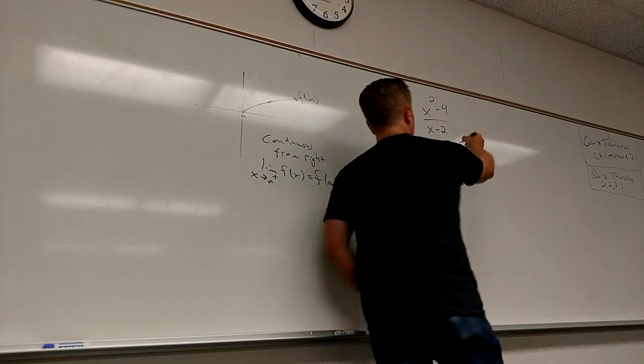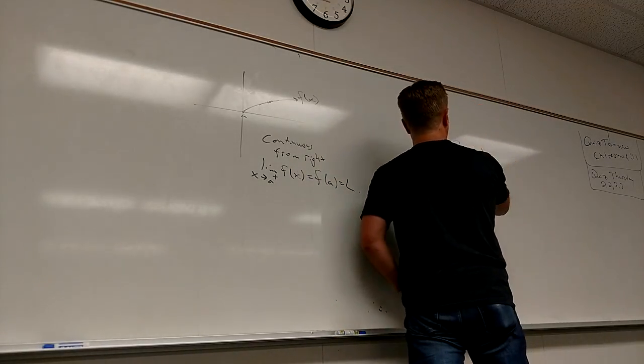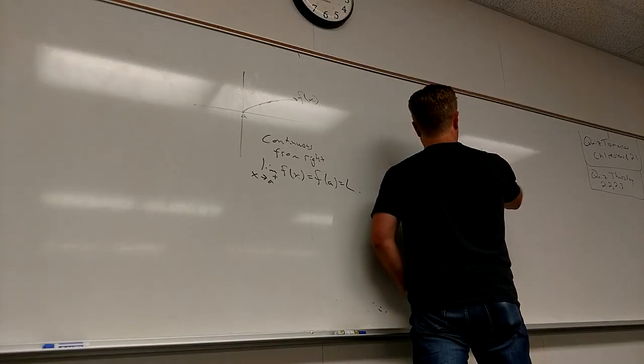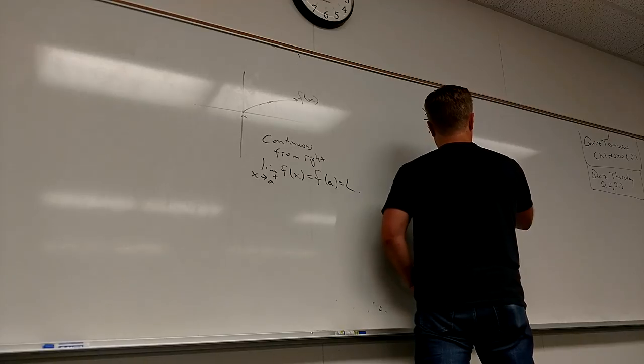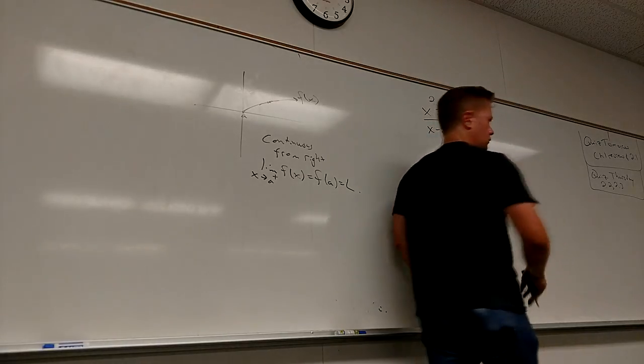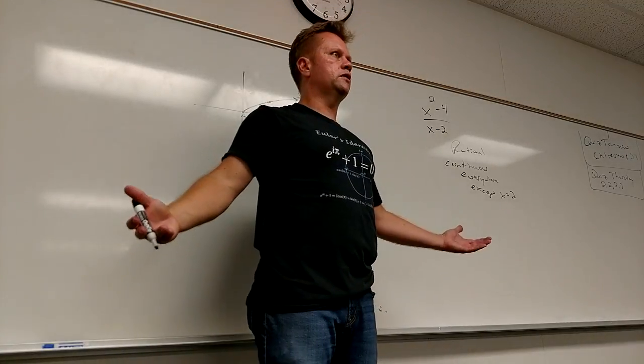So rational functions are continuous at every point on the domain. So it's continuous everywhere except x equals 2. Yeah. So we say it's continuous everywhere on its domain.